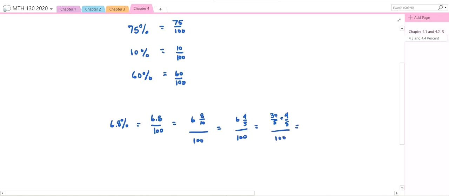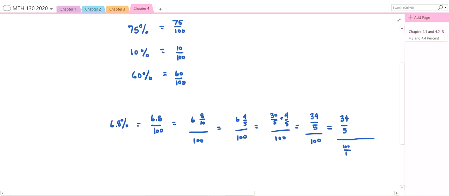So I'm really going the long route to do this, or 34/5 divided by 100, which you could think of as 34/5 divided by, I could turn this into a fraction, 100 over 1.